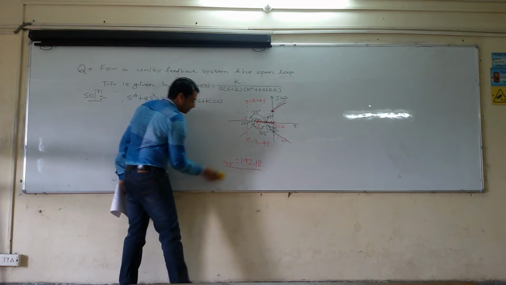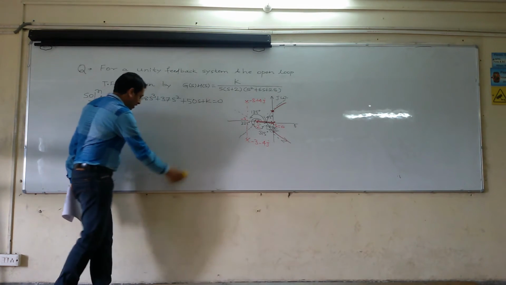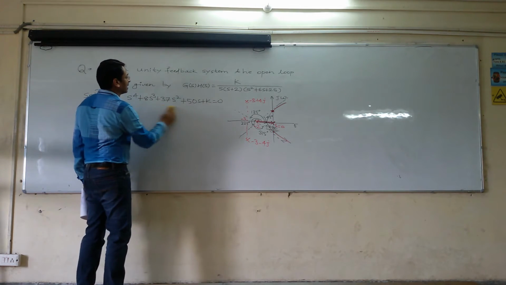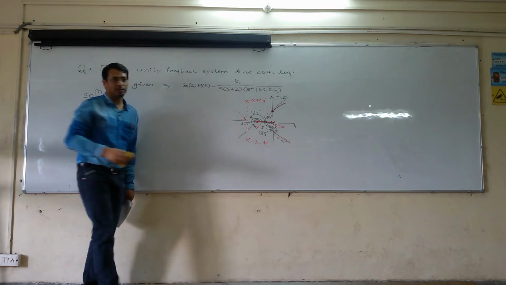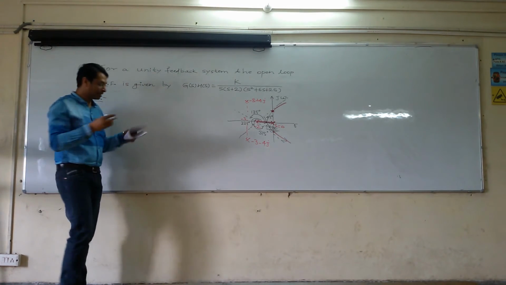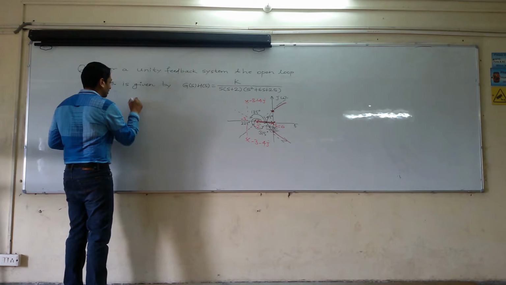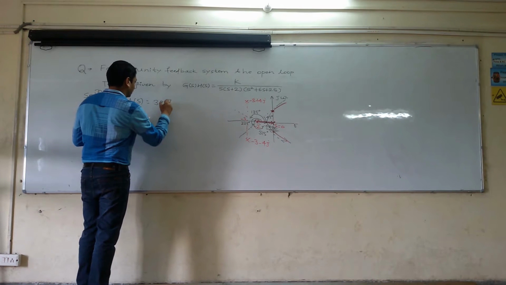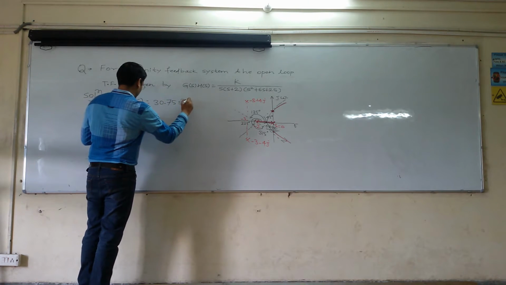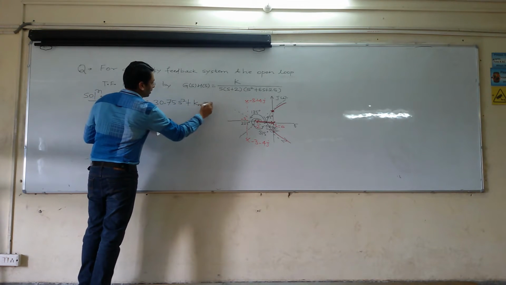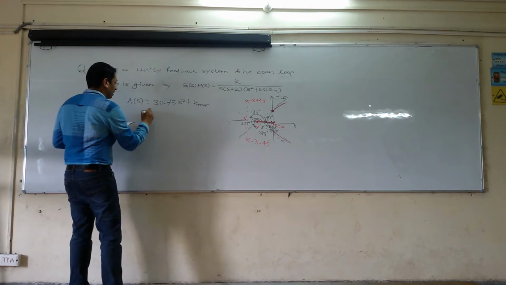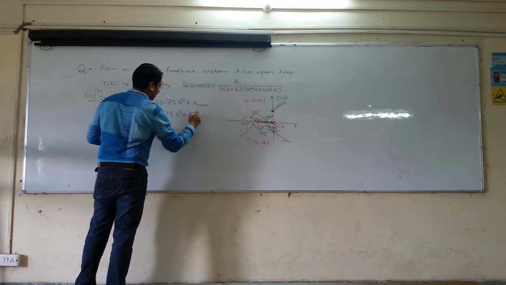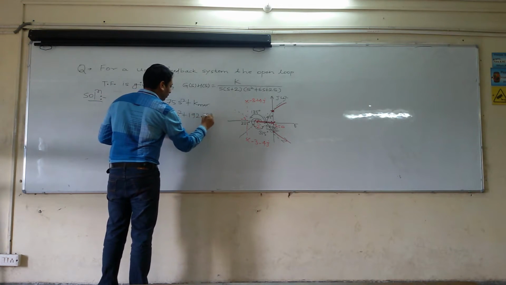Correct? That's why I have told you that you have to revise your Routh stability criterion before constructing the root locus. So we are going to construct our auxiliary equation: A(s) equals 30.75 s square plus your k marginal, or you can say 30.75 s square plus 192.18.